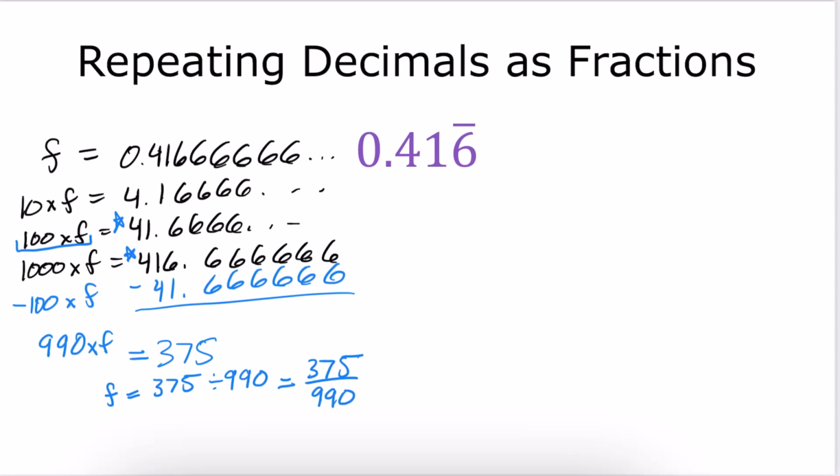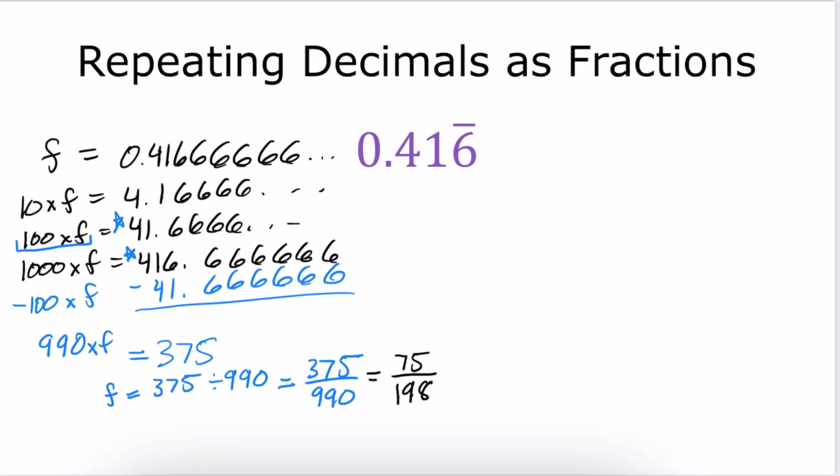So if I divide the top and bottom of this fraction by 5, 375 divided by 5, I think, is 75. And 990 divided by 5 is 198. I know that 75 is divisible by 3 and 25. 198 is not divisible by 25 because you can't divide by 5 evenly.